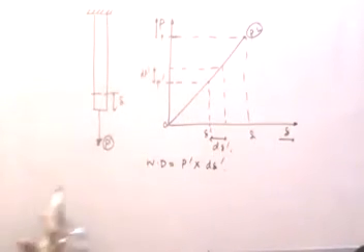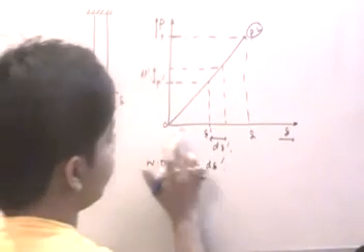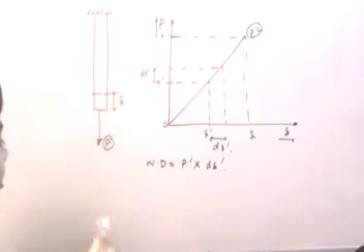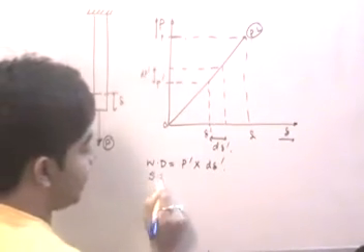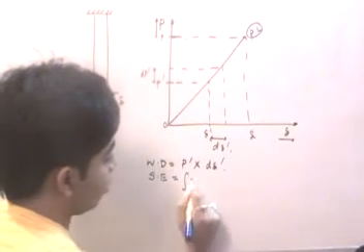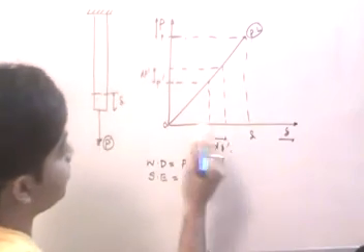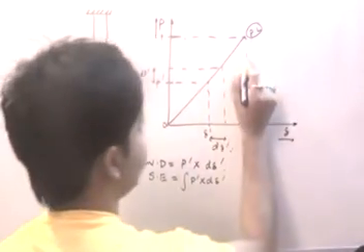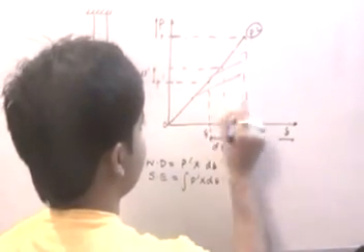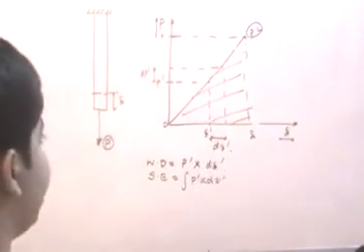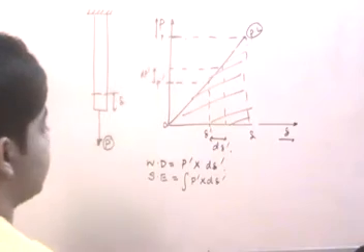Now the summation of all this work done from 0 to the proportional limit will basically give me the strain energy. So strain energy is the integration of P dash into d delta dash, and as can be easily seen, the area or the region below the straight line gives me the strain energy.